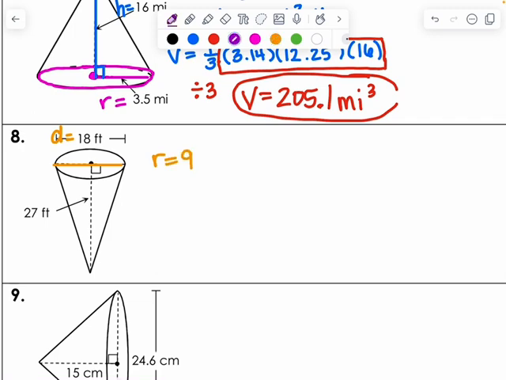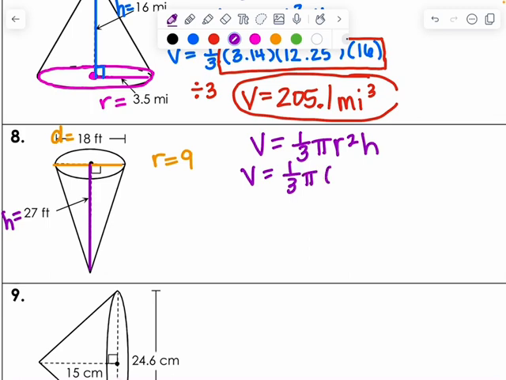Okay, this distance right here is what gives us our height. So our volume is 1/3 pi r squared h. We know that our radius is 9 and our height is 27.